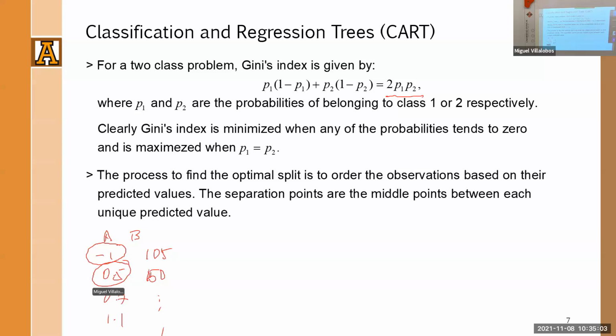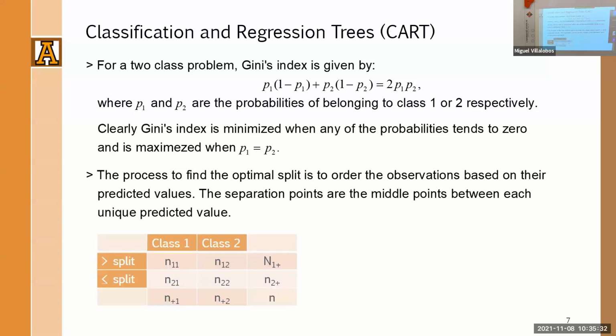So I keep computing the Gini's index for each of these possible values. And then I do the same for B. What if B is equal to 1.05? What would be Gini's index when I split the data? What would be Gini's index if I take 150 for the value of B? And I select the variable and value that gives the lowest Gini's index. That will define the first split.